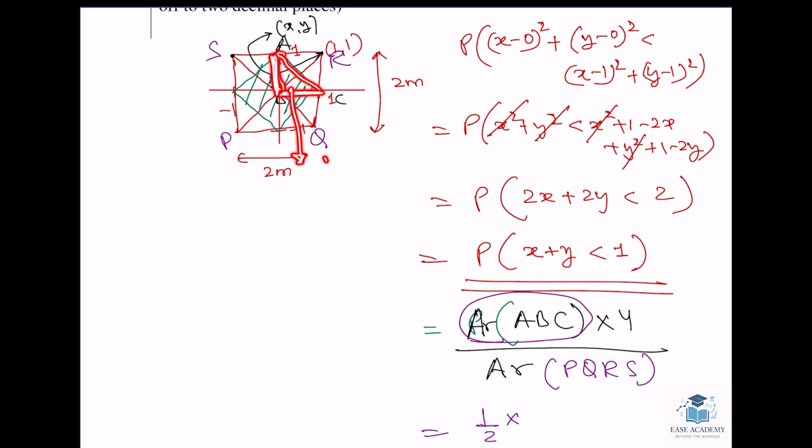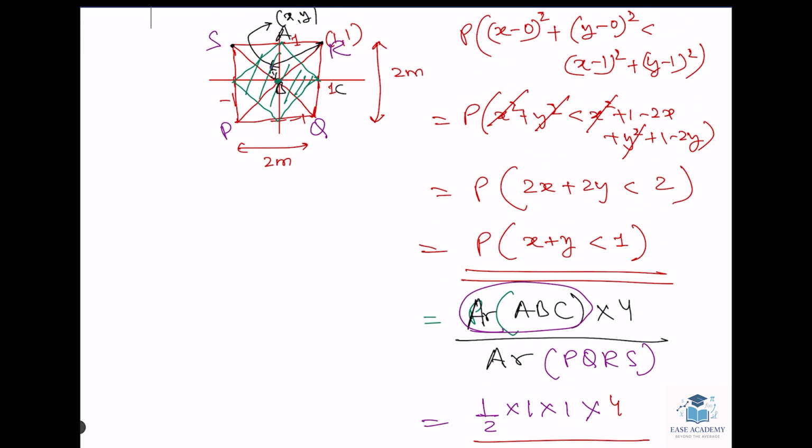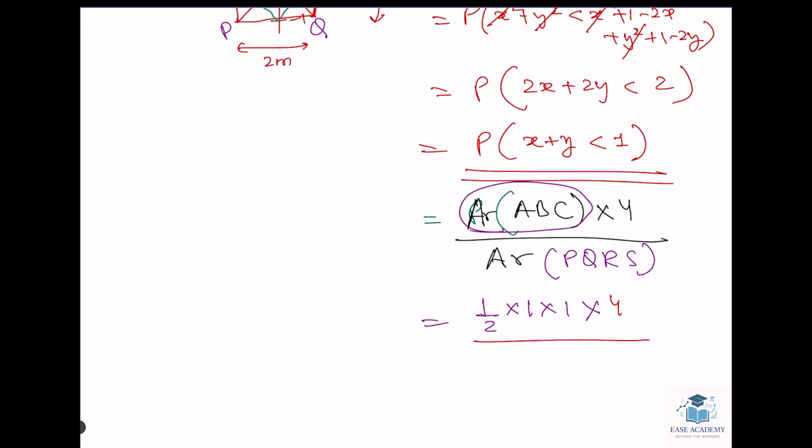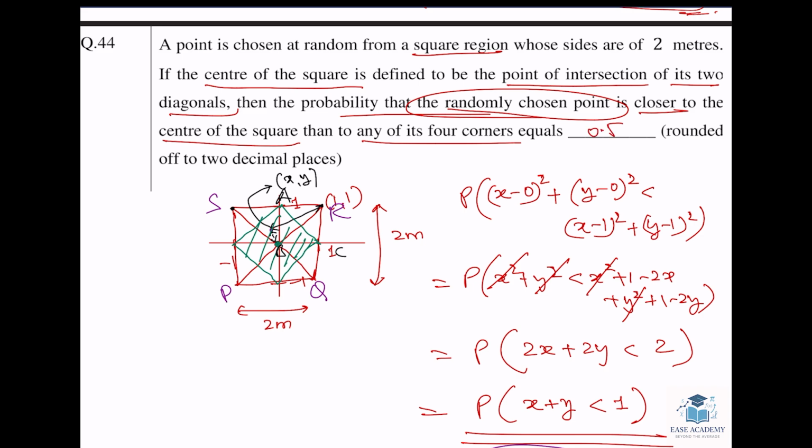The area of this would be 1 by 2 into 1 into 1, into 4, divided by the area of the whole square, which is 2 cross 2. This cancels out, and we get 1 by 2, that is 0.5 is the answer. The answer would be 0.5.